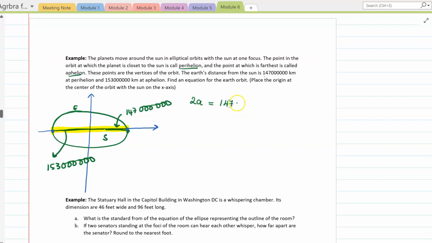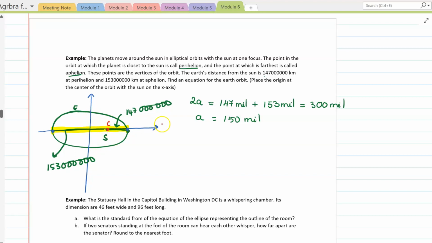147 million plus 153 million, and that totals up to 300 million, which means a is equal to 150 million kilometers. Okay, now if you look at this distance here, this is c, right?